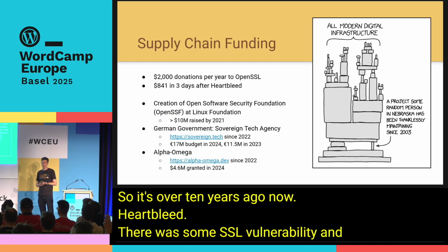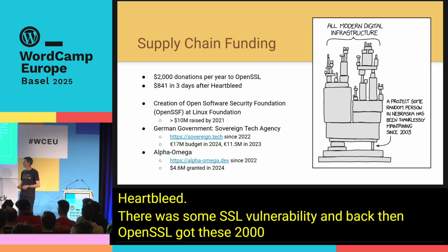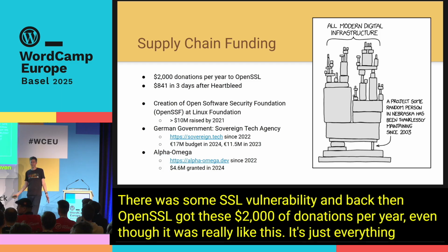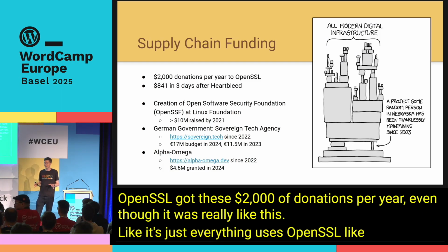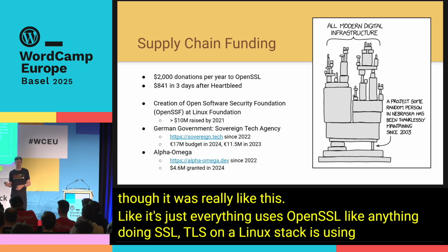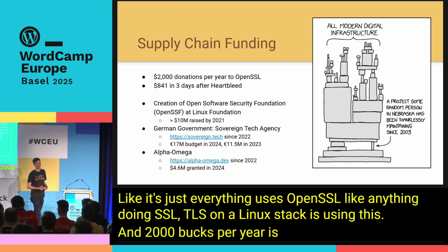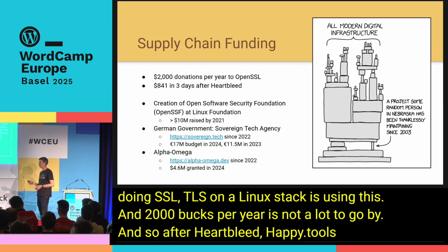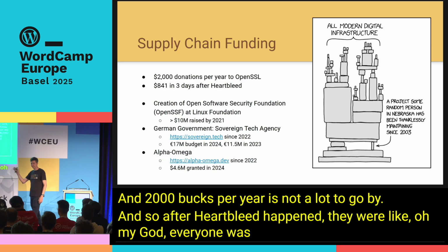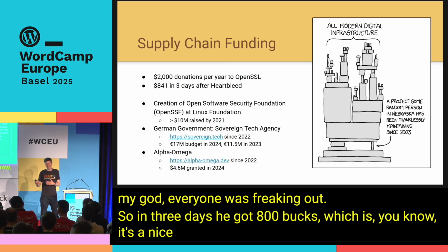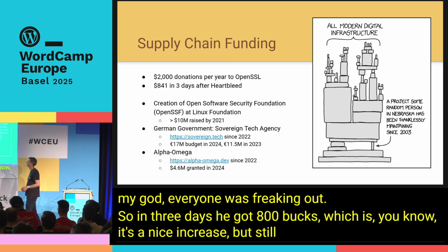Back then, OpenSSL got only $2,000 of donations per year, even though everything uses OpenSSL. Anything doing SSL, TLS on a Linux stack is using this. And $2,000 per year is not a lot to go by. After Heartbleed happened, everyone was freaking out, and in 3 days they got $800, which is a nice increase, but still not great.